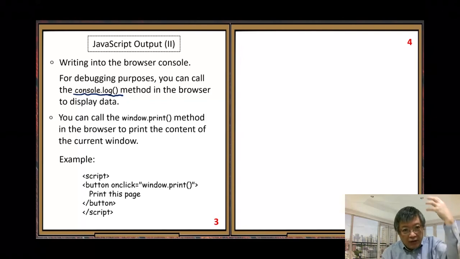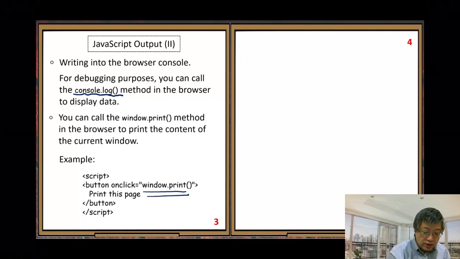When the event is triggered, this method is called: window.print. It prints the content of the current window.